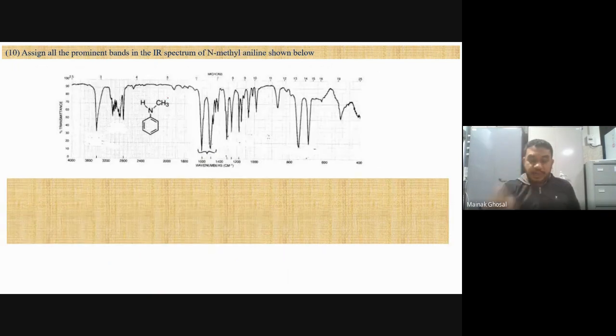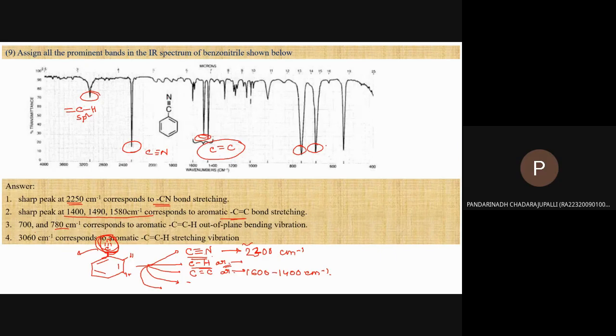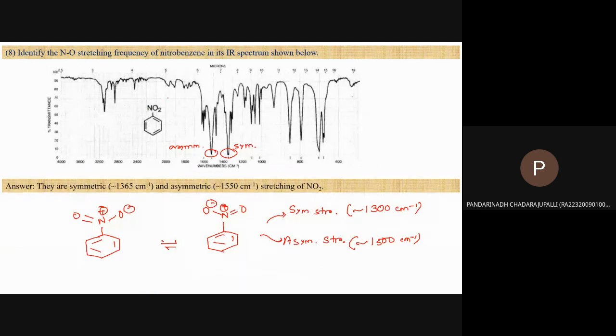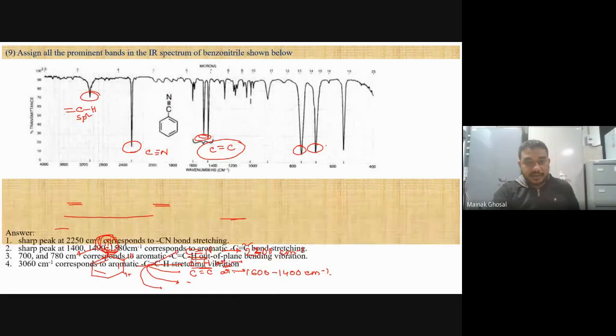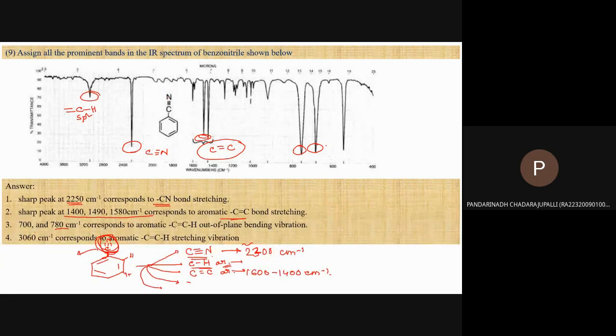Sir, in the previous molecule, the CN molecule, we have three types of CH bond, no sir? Due to the CN position, there will be ortho, meta, para, right?